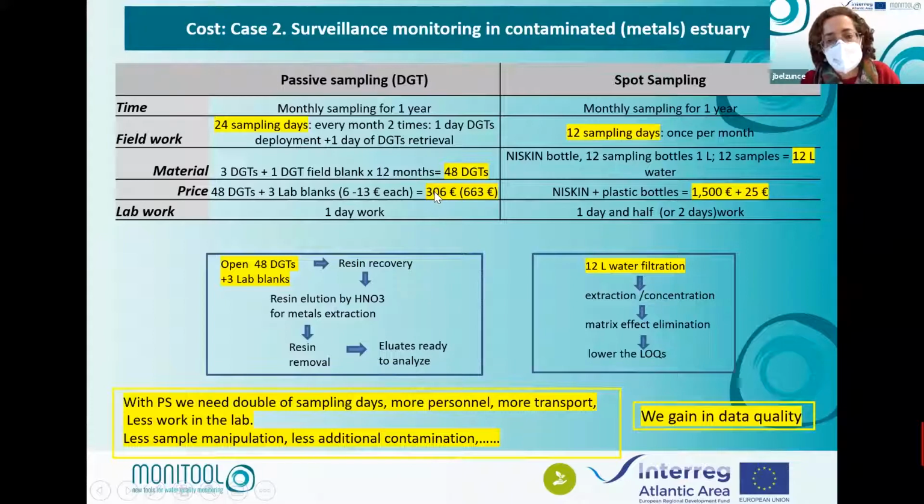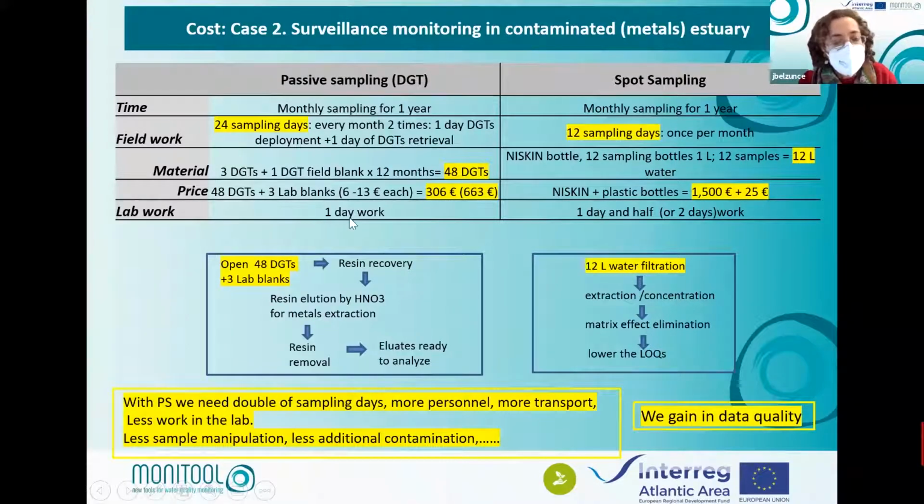So the price will be 300 euros to 663 euros. For the spot sampling, you have the Niskin bottle already that costs you 1,500 and about 25 euros for the plastic bottles.